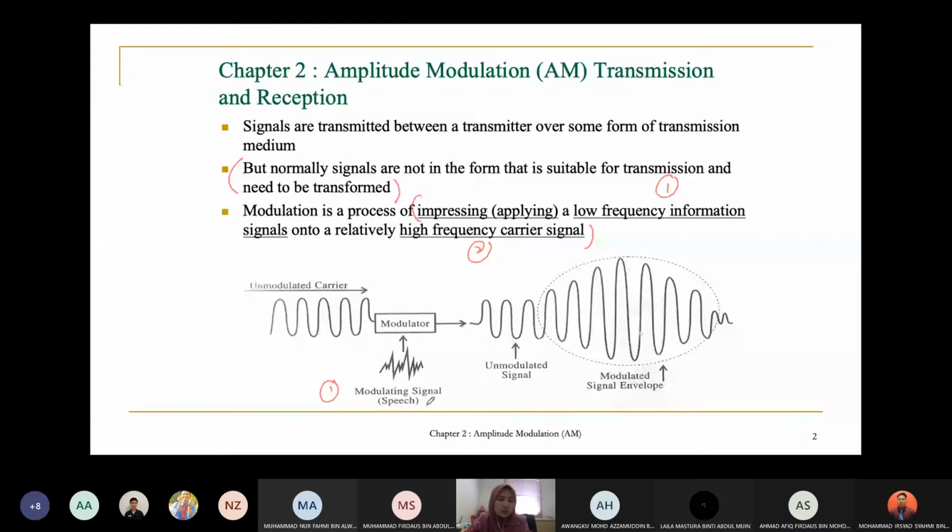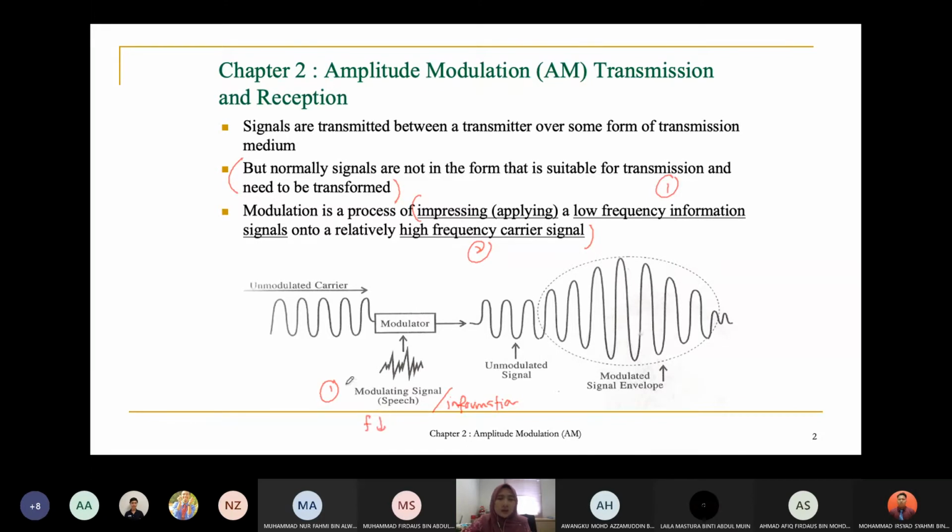An example of the signal is the speech signal or voice signal. This is the information that we want to send, the modulating signal, or sometimes we also call it the information signal. This modulating signal has a low frequency.